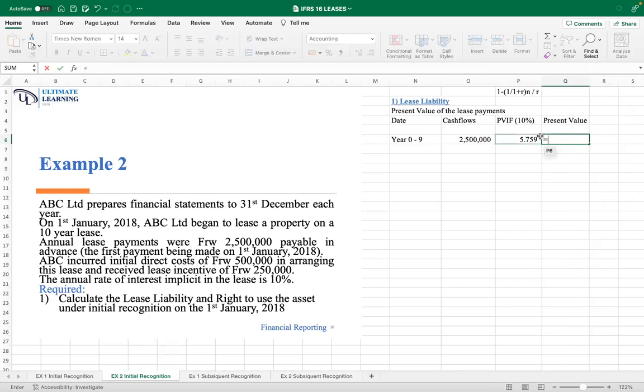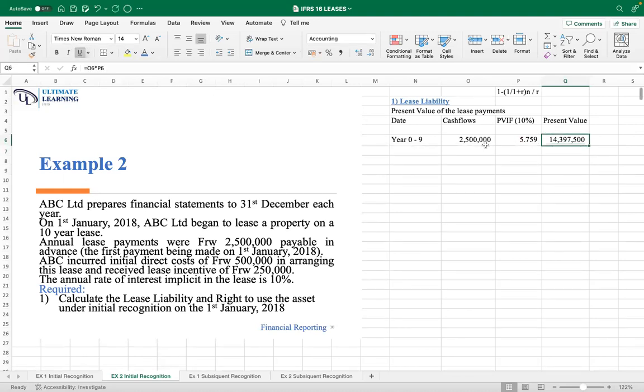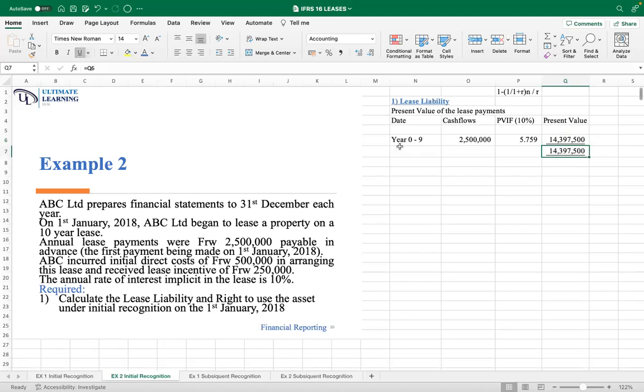So that gives you 2.5 million times that, it gives you 14 point something million. So that is the entire present value. In an annuity, we get that. So that gives you the lease liability. Sorry for taking a lot of time there.